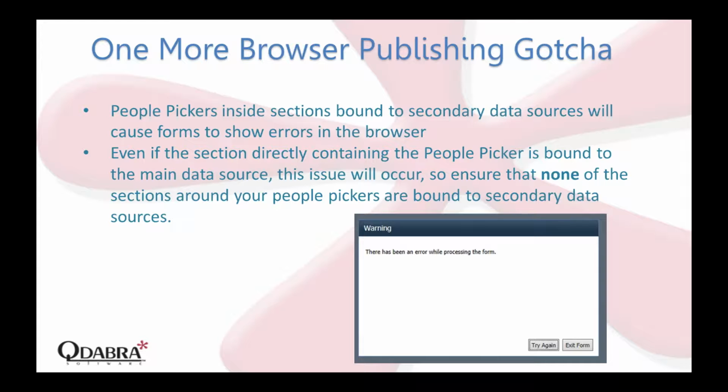Even if the section directly around it is bound to the main data source, if any section going outward containing that people picker or section around it is bound to a secondary data source, then you will run into errors trying to use the form in the browser. It won't prevent the publishing, but when you try to open the form, you'll see this non-specific error, and there won't even be a correlation ID with it. So please be careful about that.